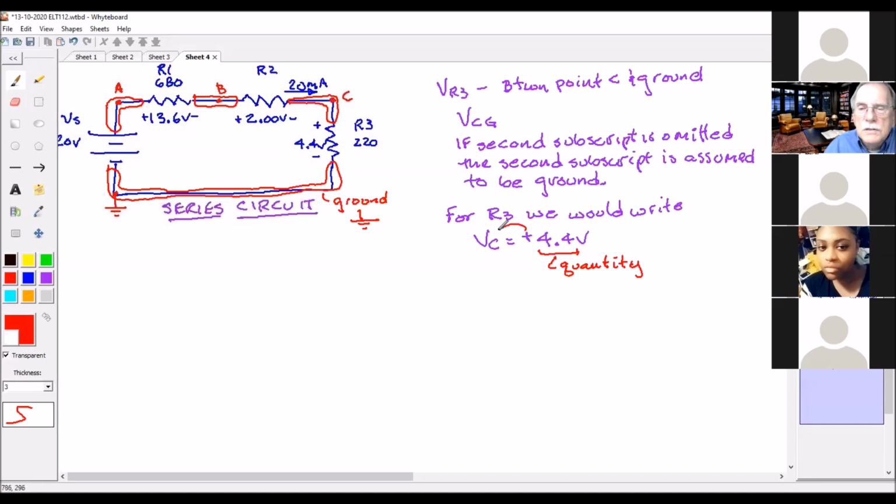The plus goes with the first subscript, and the omitted second subscript is ground. Which means anywhere along this wire.